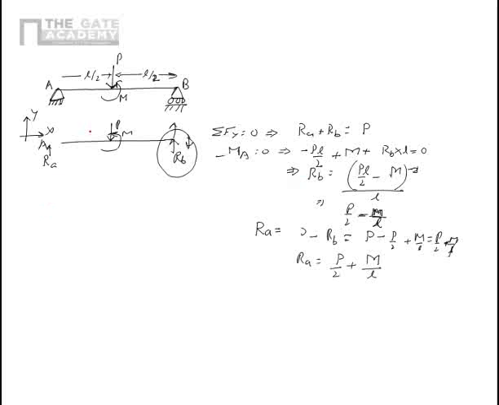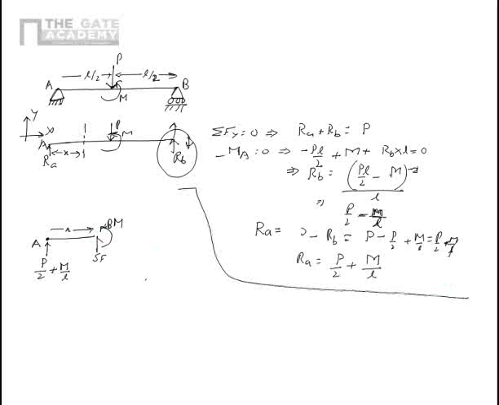So we take a section here at a distance of x, and I isolate that section. So I take this portion, this is point A, this is RA, which is nothing but P by 2 plus M by L, and I assume that the shear force and bending moments are called SF and BM, and this is point X, or this is distance X. Now I write the equation of equilibrium for this portion and say Fy is equal to 0.